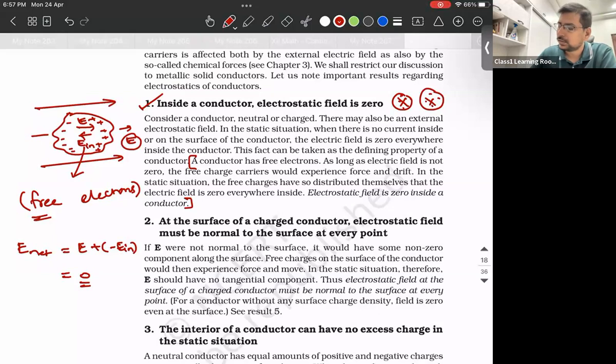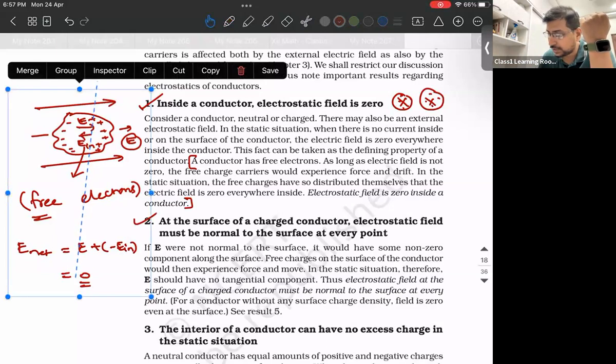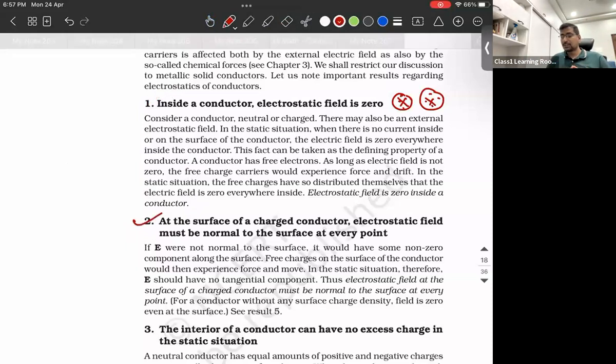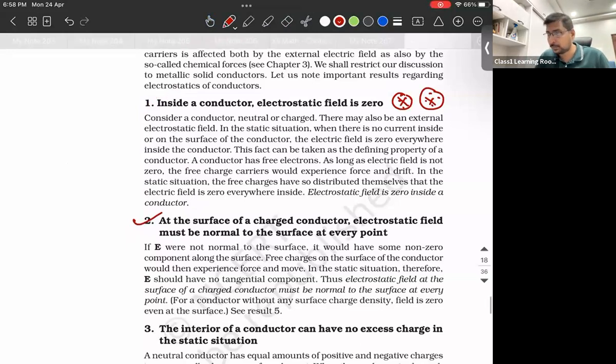Next. The second point is, when you have a charged conductor, when you charge a conductor, at the surface of a charged conductor, the electrostatic field will always be normal to the surface at every point.